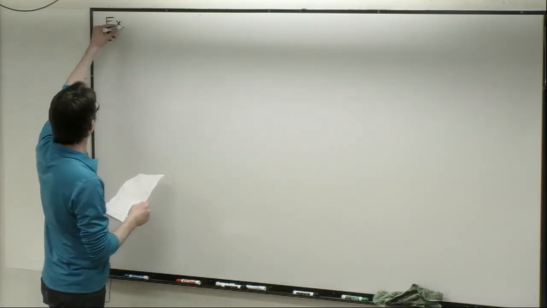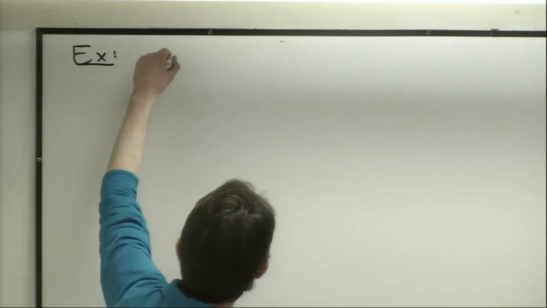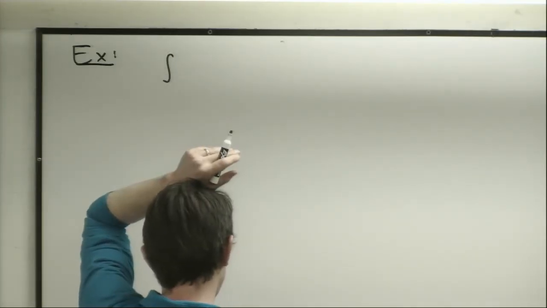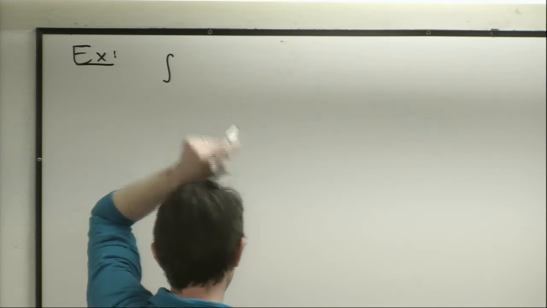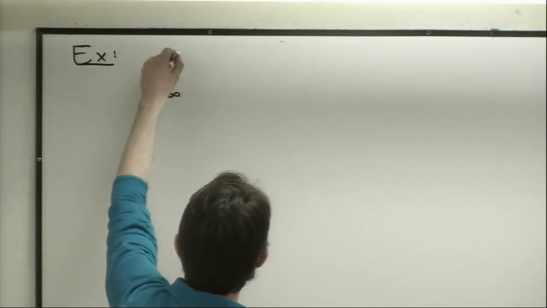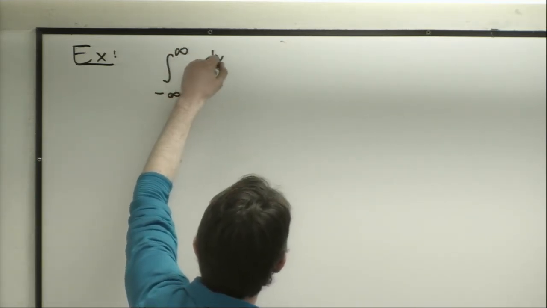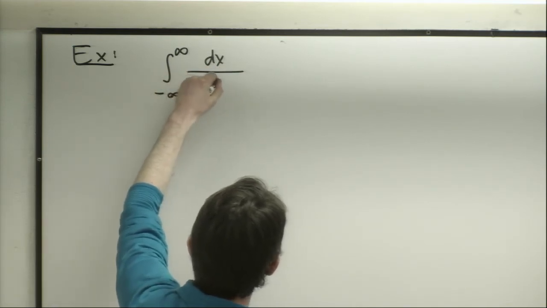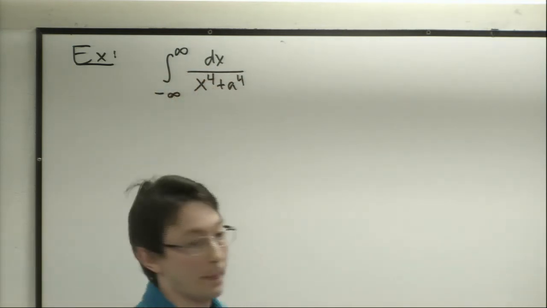Okay, so this example is slightly more difficult. We're going to integrate a function from minus infinity to infinity, and that function is dx over x to the fourth plus a to the fourth.